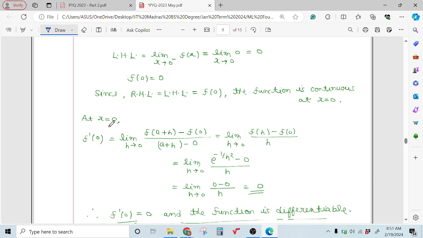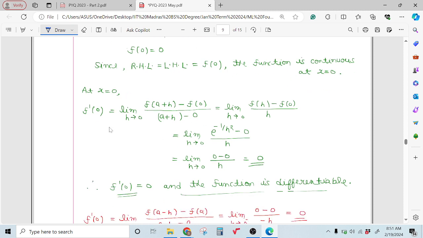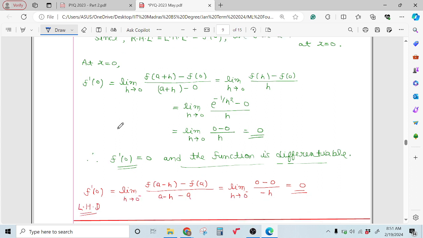So at x equal to 0, we will calculate the right hand derivative, which is 0. And we will also calculate the left hand derivative, which is also equal to 0. So both give the same value, so the function is differentiable.